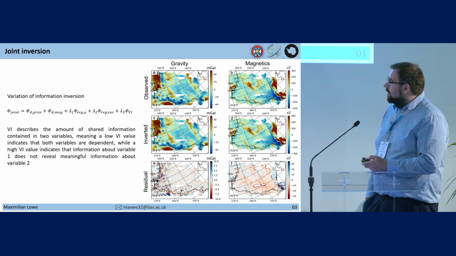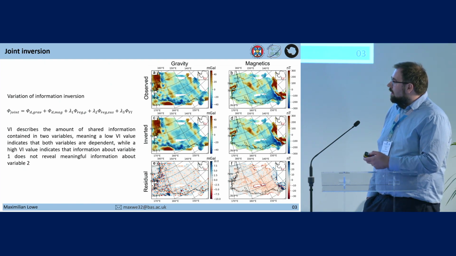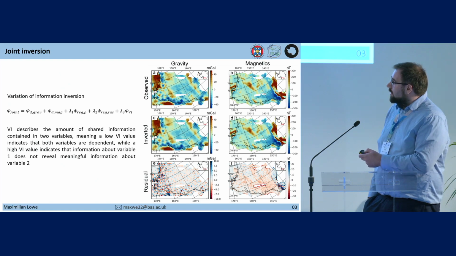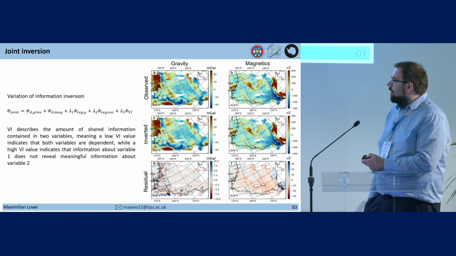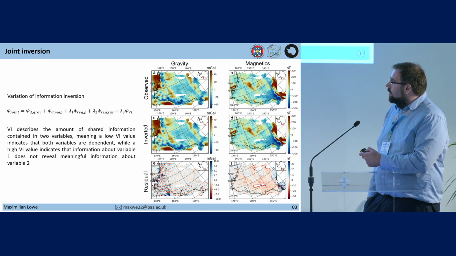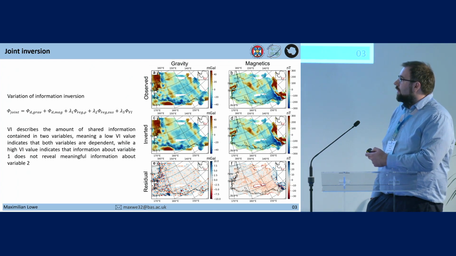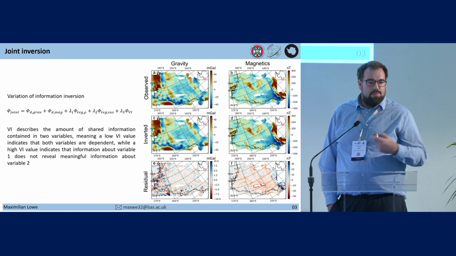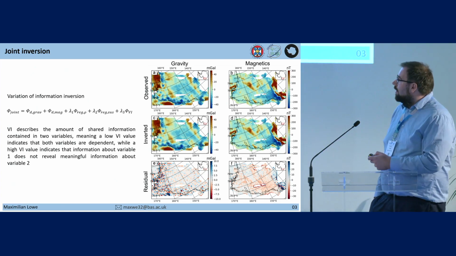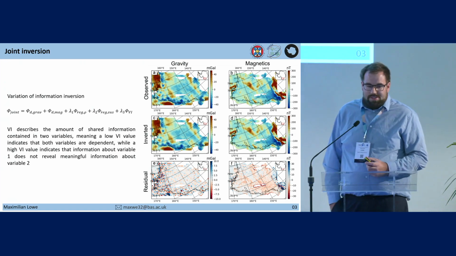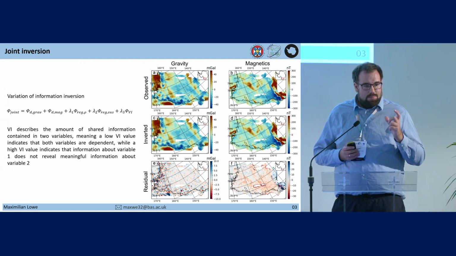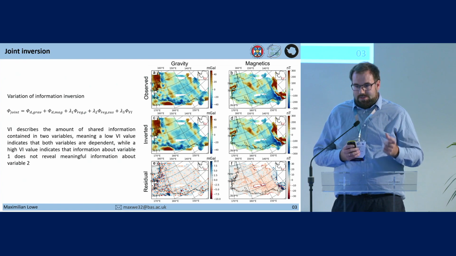The objective function we're minimizing has two terms describing the misfit between the modeled and observed gravity and magnetic fields. Then we have two regularization parameters, which describe how smooth the model is. And then we have the variation of information term, which forces a coupling between both quantities, the density and the susceptibility.